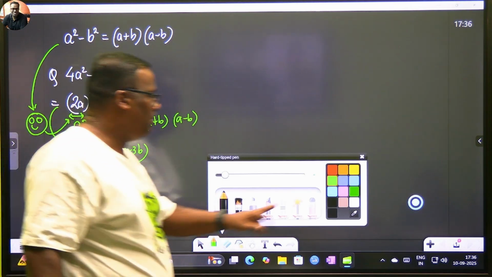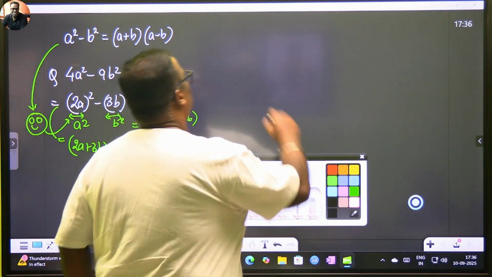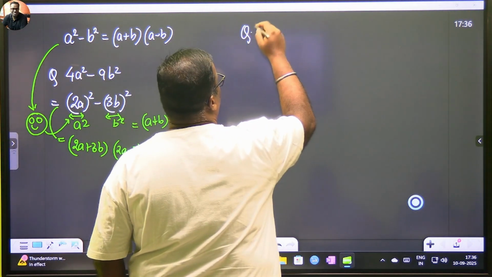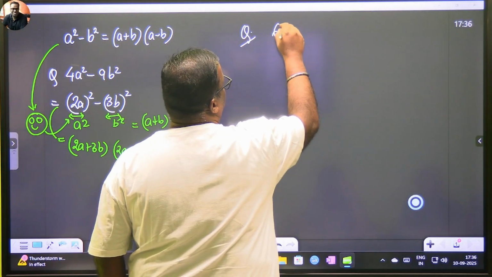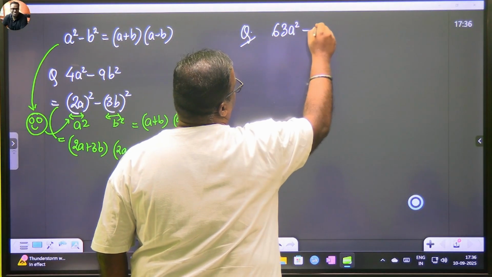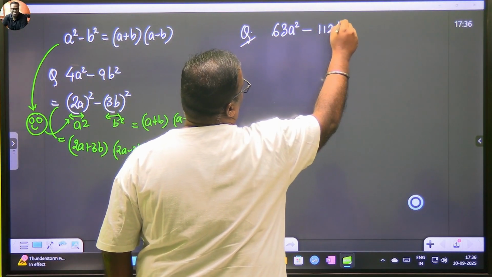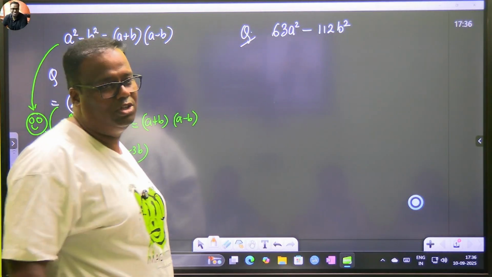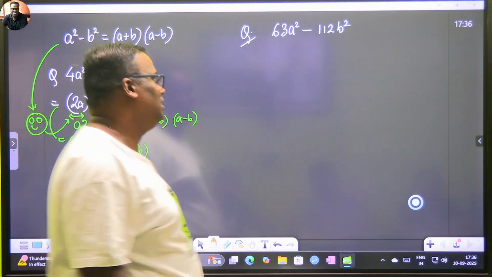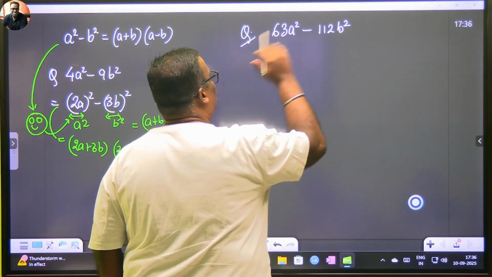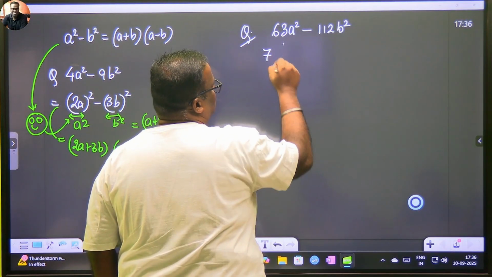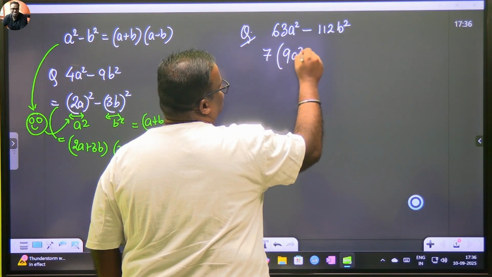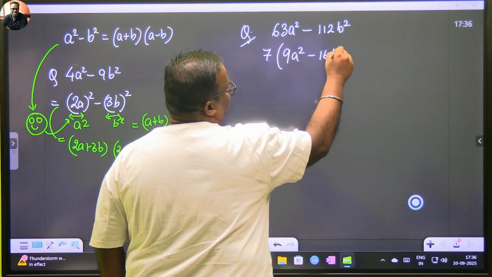Similarly, they might trick you a little bit more. This is a typical question number 8, as Mishka was saying. I don't remember the question. It's 63a square minus 12b square. Now, 63 is not a perfect square, but there is some common factor we can take out. If you take 7 as common, this becomes 9a square minus 16b square.